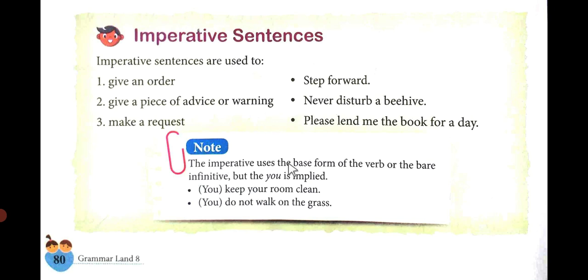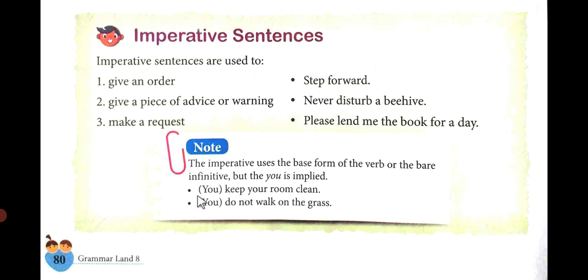Now note, you can see the imperative sentences use the base form of the verb or the bare infinitive, but the you is implied. For example, keep your room clean. Who will keep the room clean? You will keep the room clean.